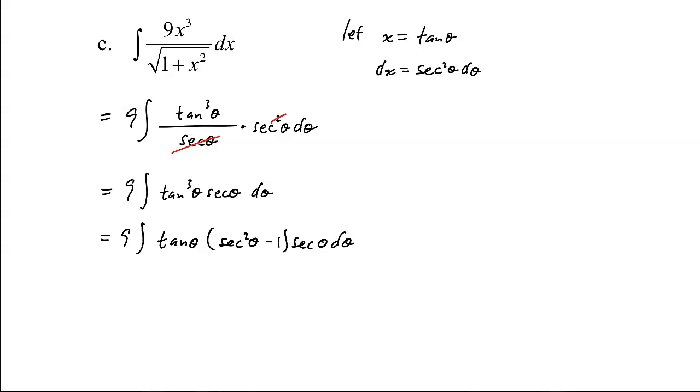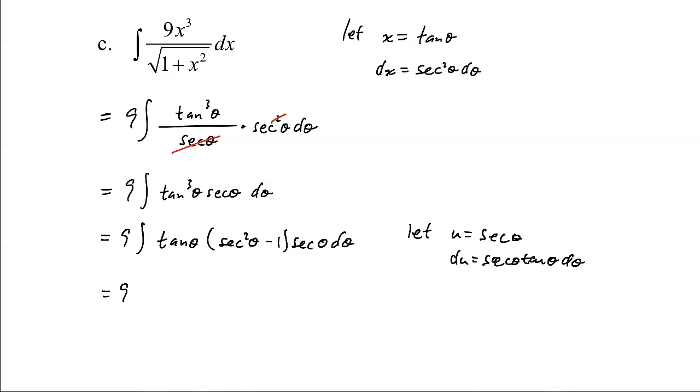Because then I recognize if I make u secant, then du will be secant tangent. So this is a u substitution within this, so let u be secant of theta. So du would be secant theta tangent theta d theta.